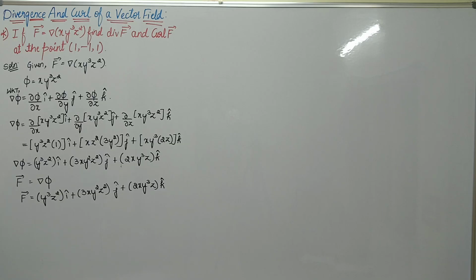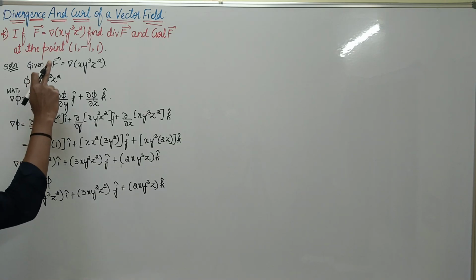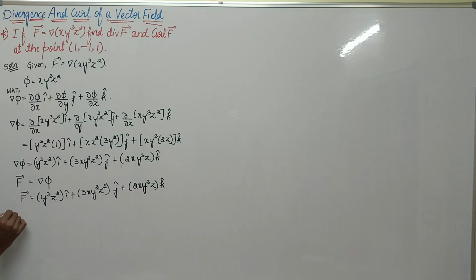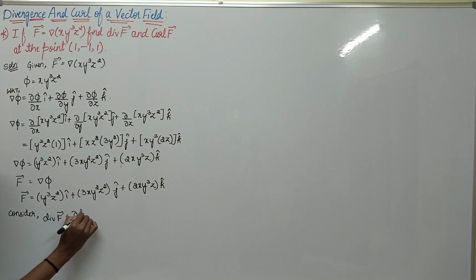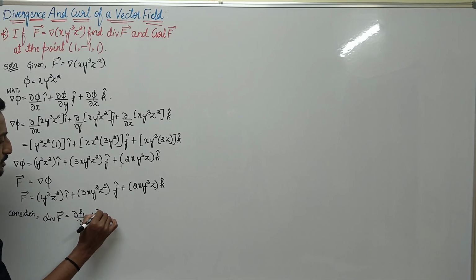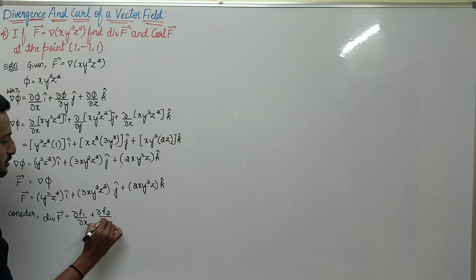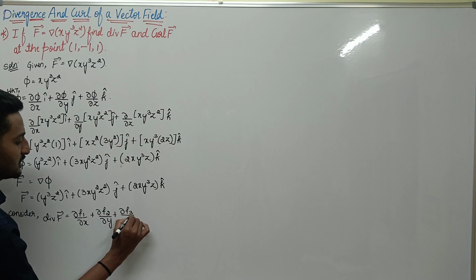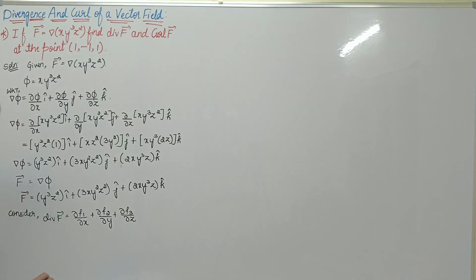Got the point? Now we are going to find divergence of f. Divergence of f is given by dou f1 by dou x plus dou f2 by dou y plus dou f3 by dou z. What are f1, f2, f3?